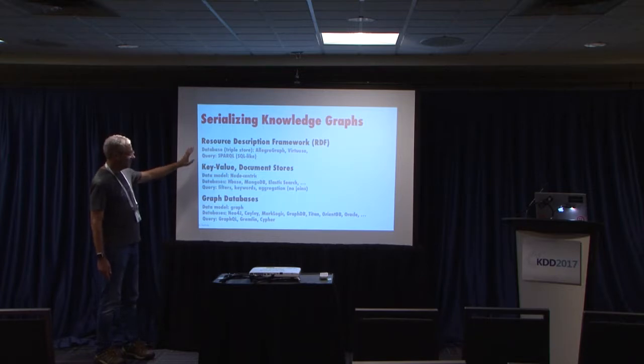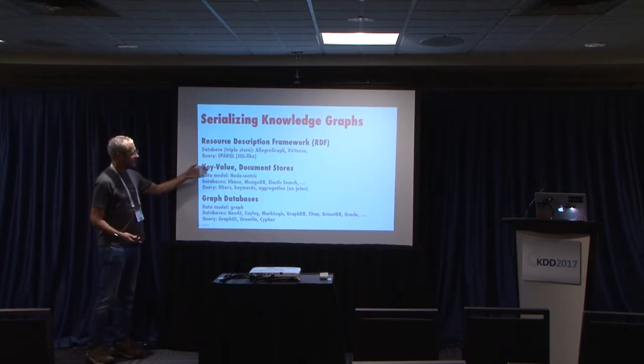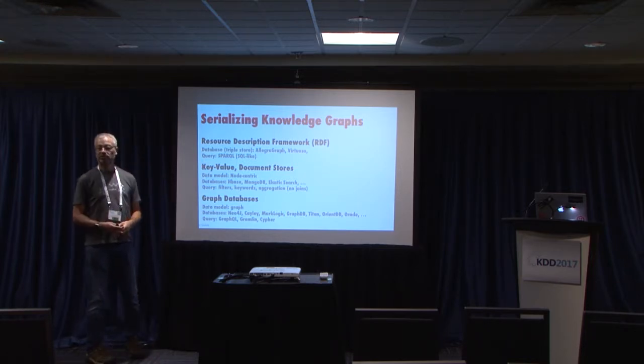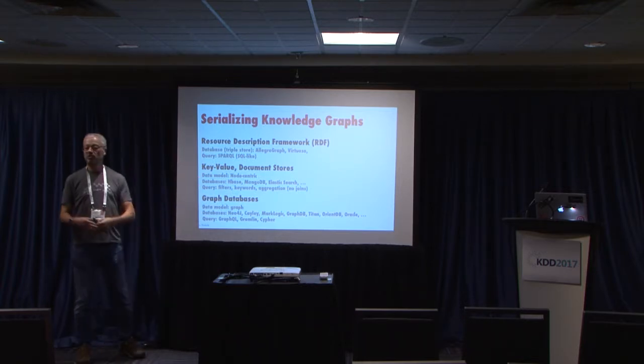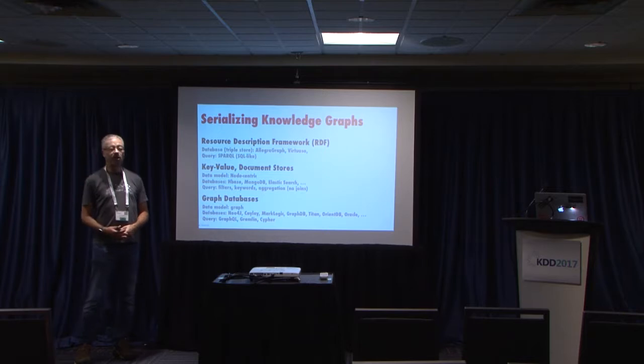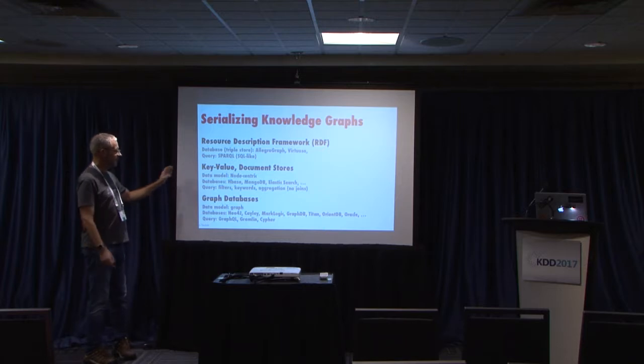Now, the other ones that exist are the NoSQL stores, like key value stores, document stores, and you can have a very simple, say, node-centric model of your data. Basically, every node in your graph is a document, and you store something about its neighborhood, and then you put this in one of these stores.